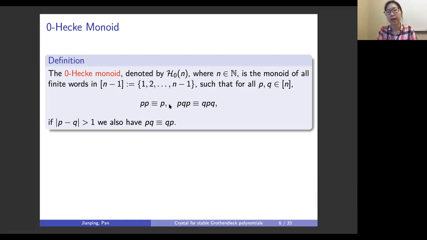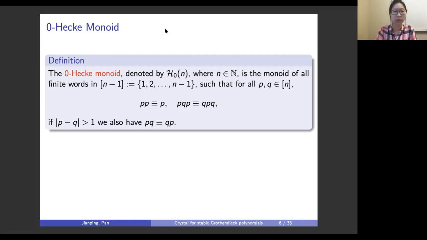But instead of having reflections, we have idempotents. So it's a degenerate symmetric group. The relations are that every generator is idempotent, and there are braid relations, but the letters don't have to differ by one. And if the letters are far apart, then they commute.